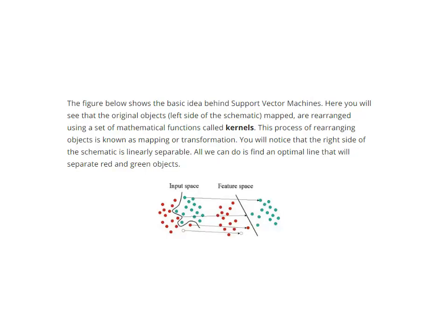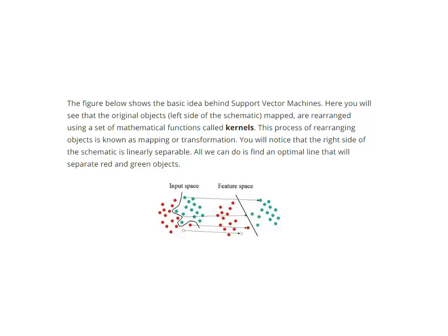The figure below shows the basic idea behind support vector machines. Here you will see that the original objects are rearranged using a set of mathematical functions called kernels. This process of rearranging objects is known as mapping or transformation.